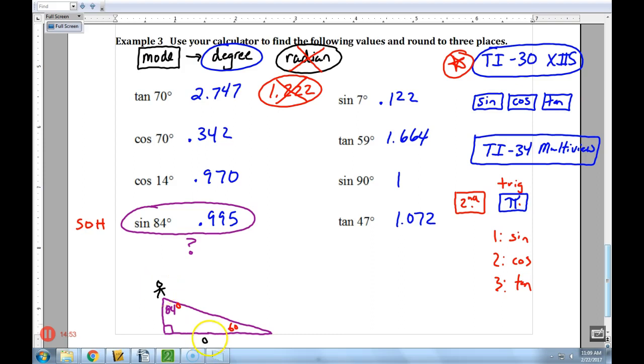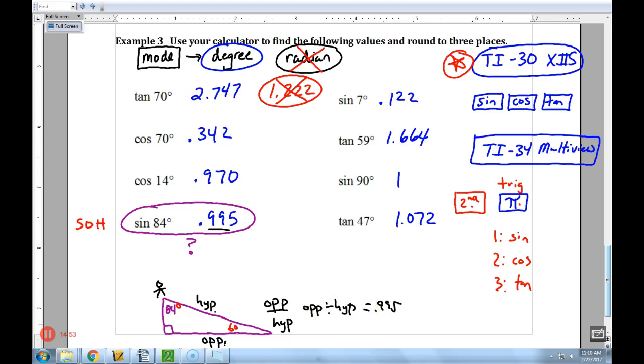It means the ratio between this opposite leg and the hypotenuse is always going to be 0.995, which means this opposite leg is almost the same size as the hypotenuse, just a little bit smaller. So when I do this opposite leg divided by the hypotenuse, it's going to come out to be 0.995.